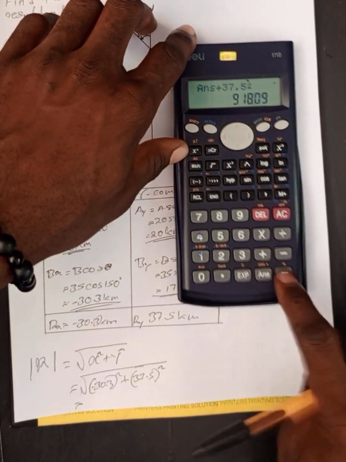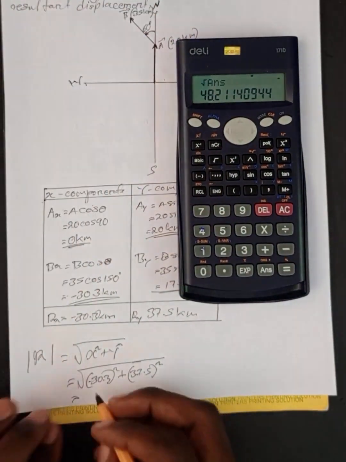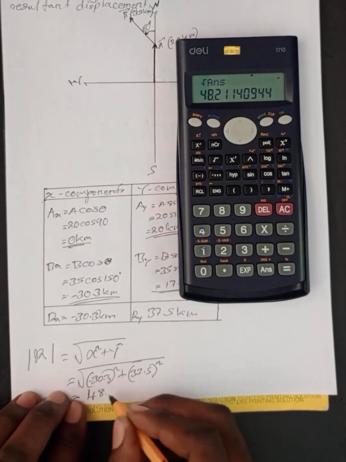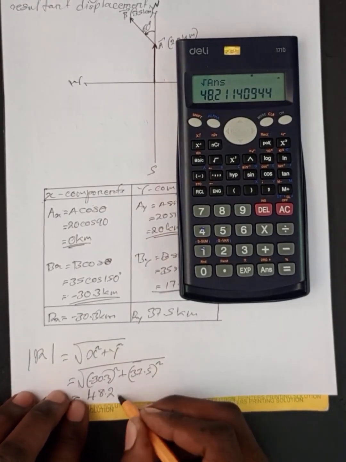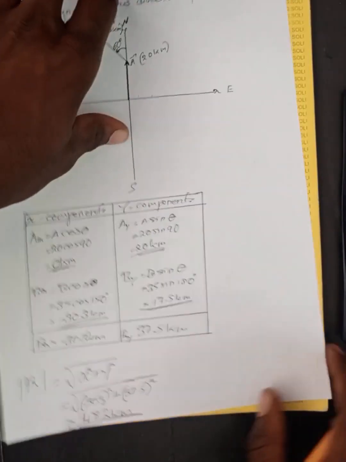What is the square root of that number? It is 48.2 kilometers. Don't forget the units. If you forget the units, you get a 0.